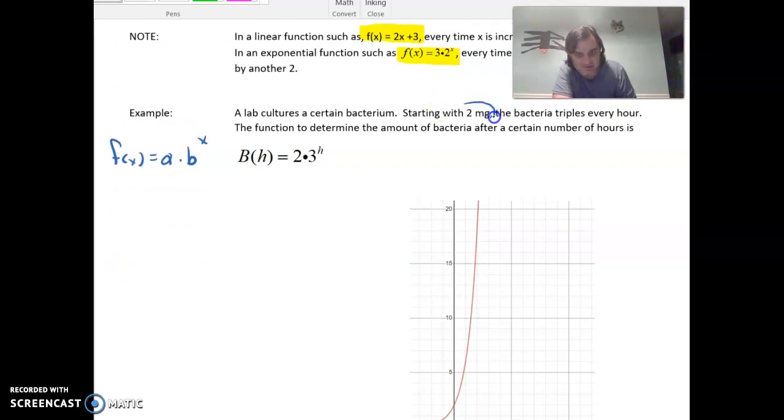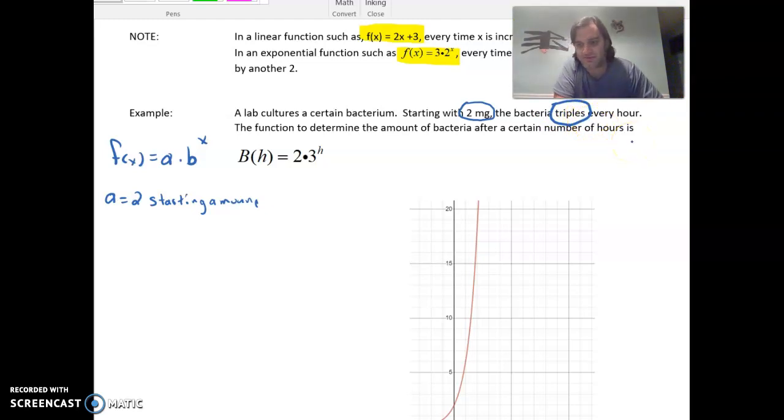So starting with 2 milligrams. In my a times b raised to the x, a is the starting amount, that would be the 2. And then it says the bacteria triples every hour. So that's the constant multiplier.